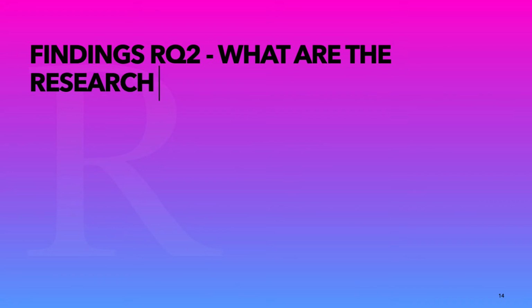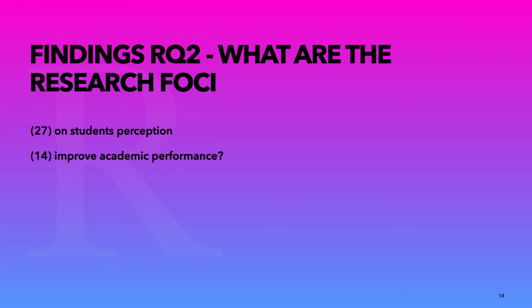As for the second research question, what are the research foci of these 33 articles? Most of the studies were on student perception. 14 of them were on whether flipped classroom could improve academic performance, and 10 articles were on other aspects.